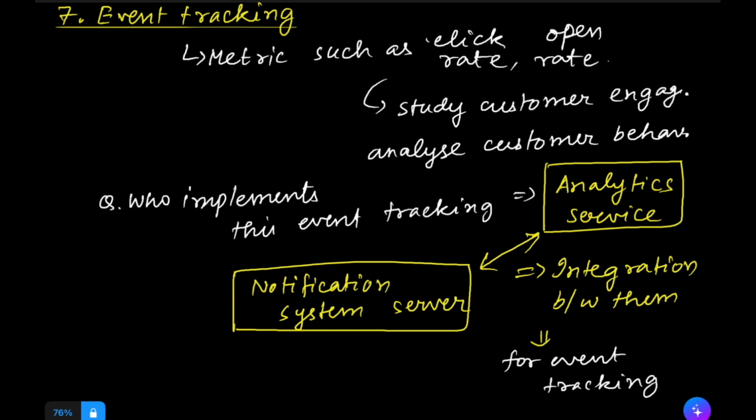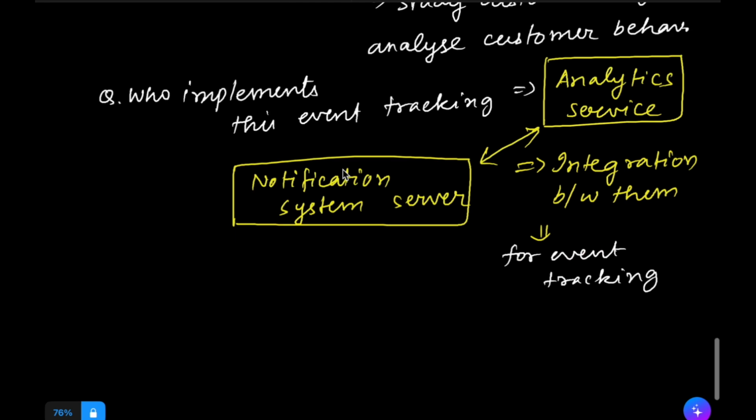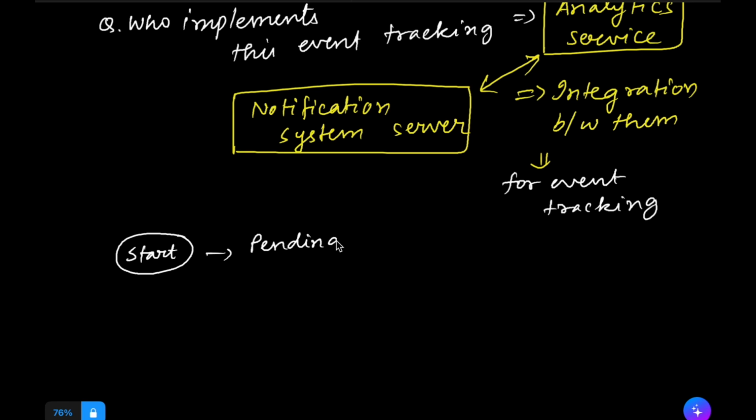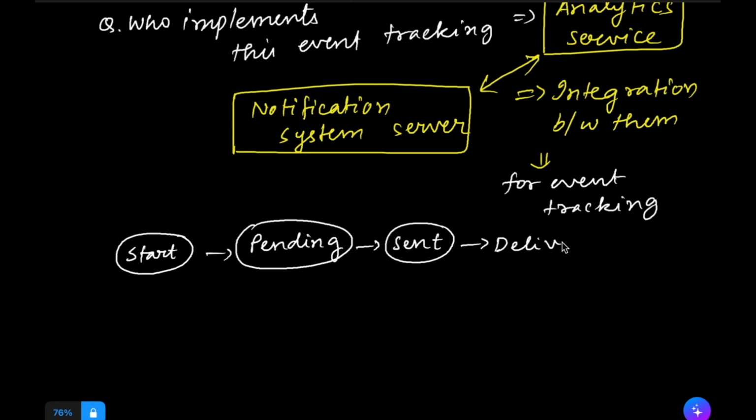So if I just draw a flow diagram of how this event tracking occurs, suppose the services trigger a notification, so we have a start phase, then it goes into the pending phase, like if it's in the message queue or in the notification system server checking the database for user preferences or for retrying mechanisms, and ultimately this is sent to a third party service, and from there it is delivered to the end user.